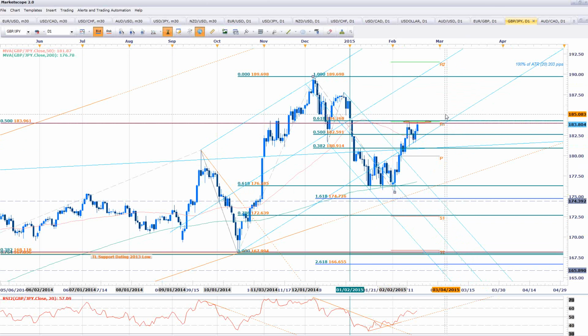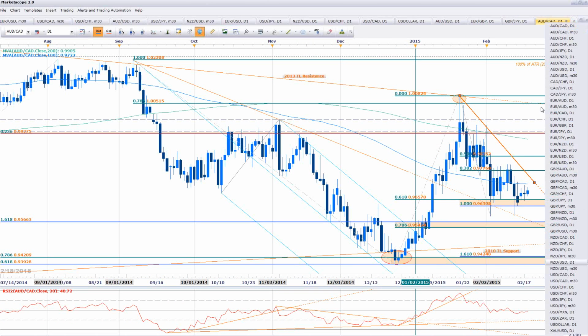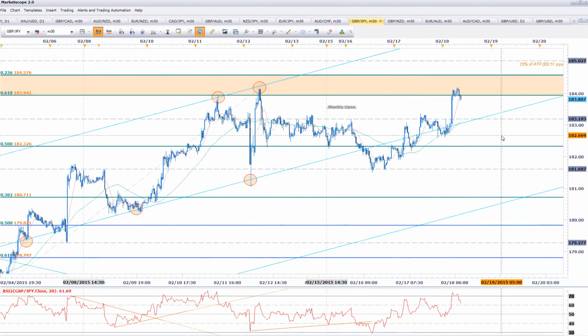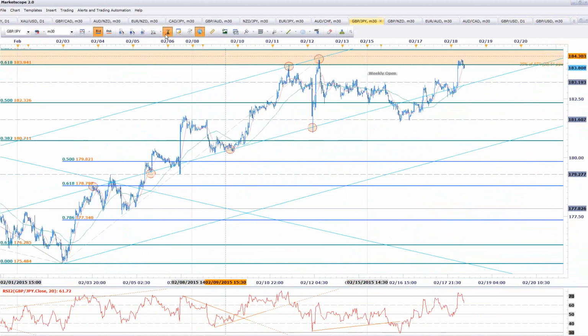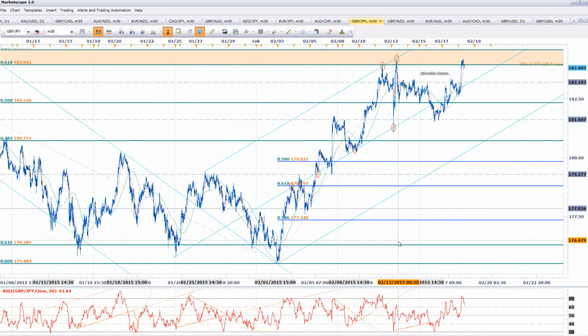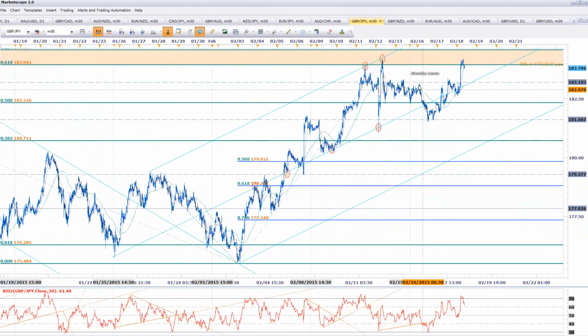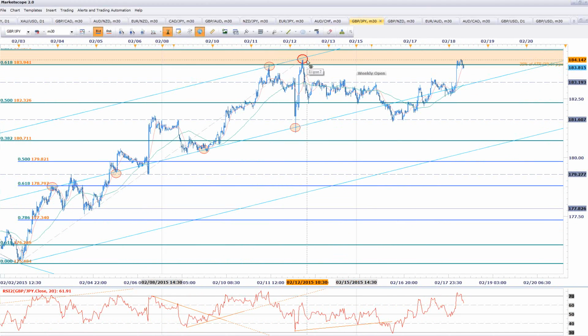Even more compelling than this is the near-term chart. If I give this a little scale here, you can see how clean that looks. So again, the major region of resistance into 84 is highlighted here. Keep in mind that the monthly opening range high, last week's high, is exactly where we just topped out.